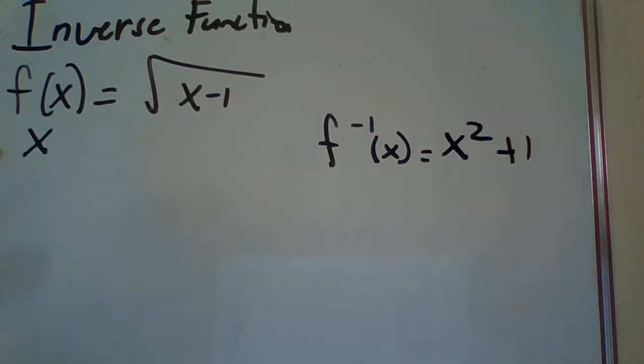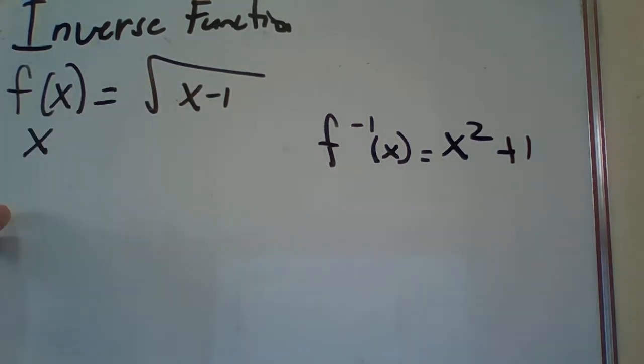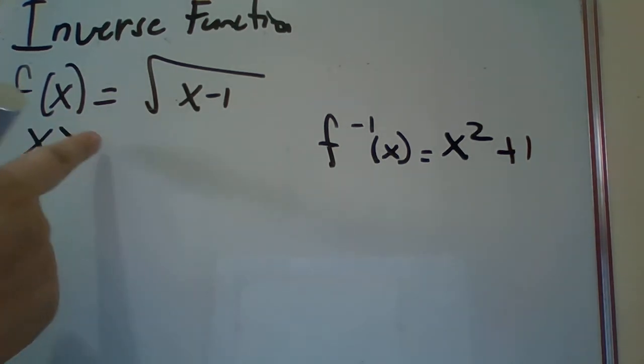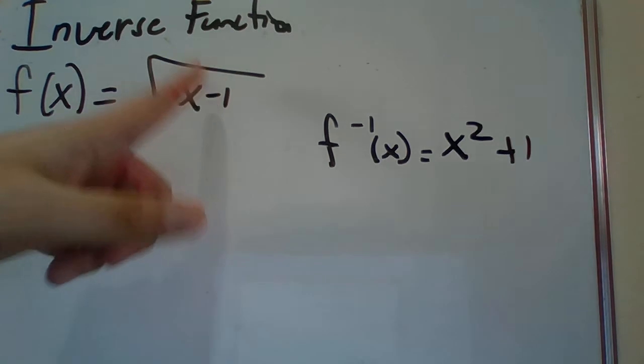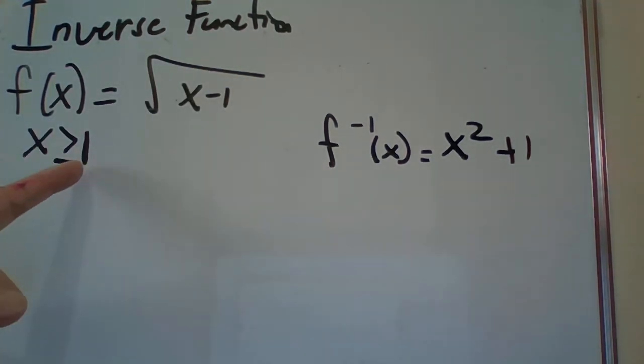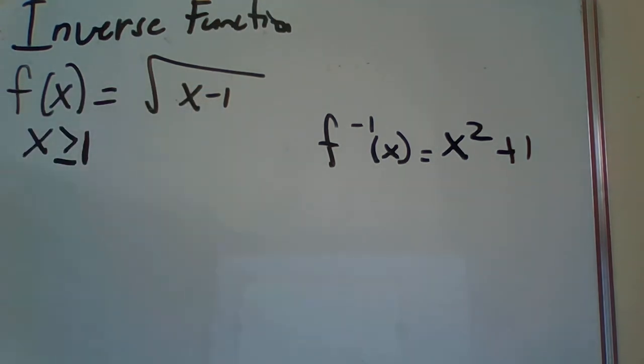Our restriction would be on x, or the input. It should not be 0, because it would be negative 1. If it's 0 here, it should not be negative 1, right? So, it should be greater than negative, so positive. But it also should not be 0, because once you put 0, negative 1 is still your answer here. So, in short, the input you put here should be any real number greater than or equal to 1. It's possible to have 1 give 0, so square root of 0 is still 0. But it should never go lower than 1, because decimal points like those would still become negative. So, it's better that your input is either equal to or greater than 1.